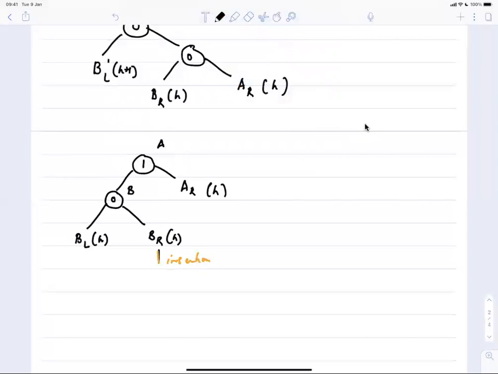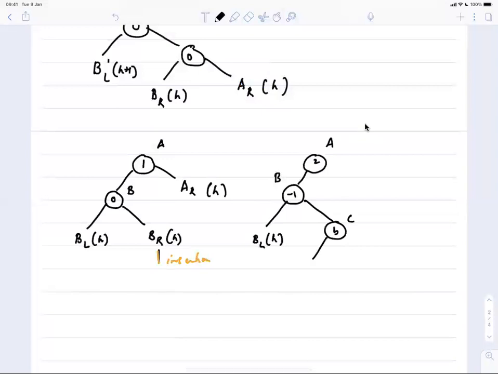Okay, so let's see how this is in this subtree. And let us see again, after the insertion, I have A here, whose balance factor is violated. B becomes -1. And because it was originally height h, now let's say insertion happens here and the balance factor gets violated. So have some C over here, with subtrees CL, CR.